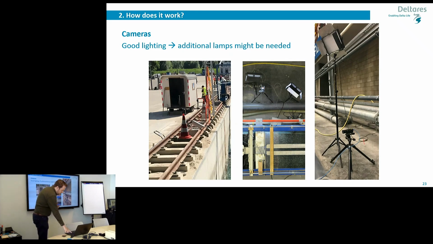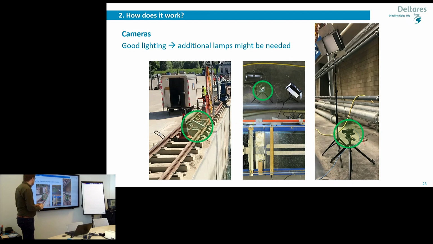So besides the flumes or the physical models, we need cameras on those models. You can see here we did something with the delta flume, so then we mount a camera on the side of the flume. For the shell flume, they have glass sides, so then it's more easy. You can just put a camera next to it and film through the glass.